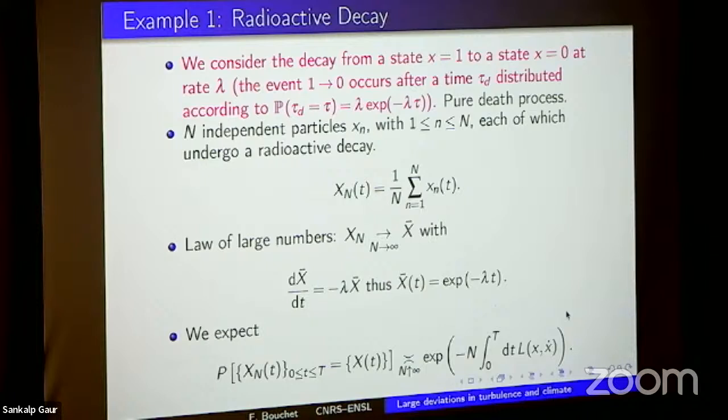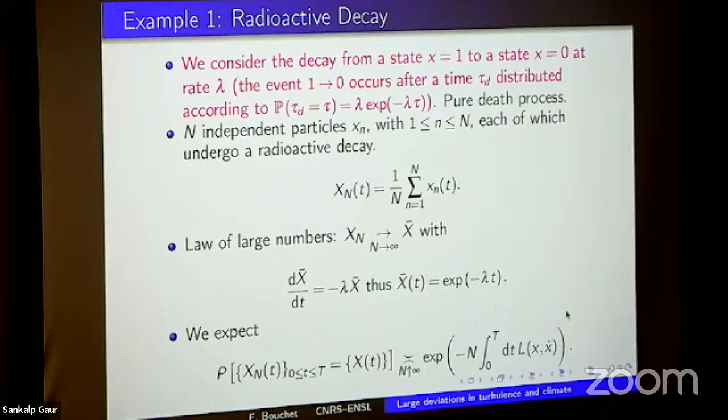X_n of t is just 1 over n, the sum from n equal 1 to n of x_n of t. Initially all x_n are 1, and then they decay to 0. So this X_n of t has to decay. It starts at 1, and for a very long time it would be 0.